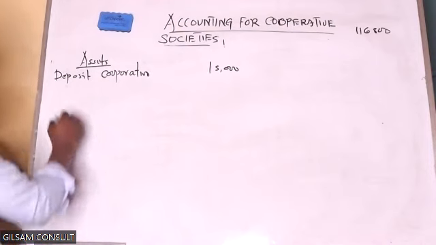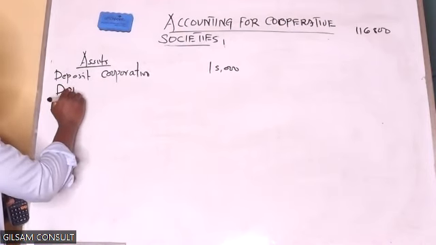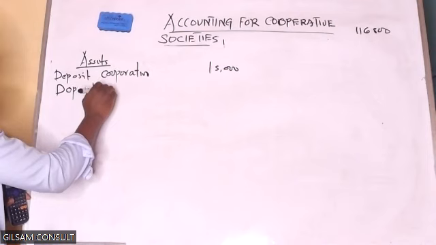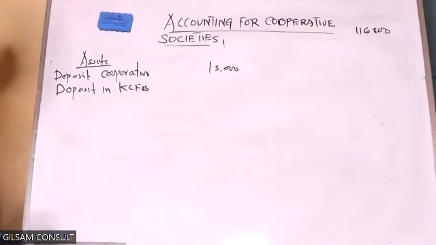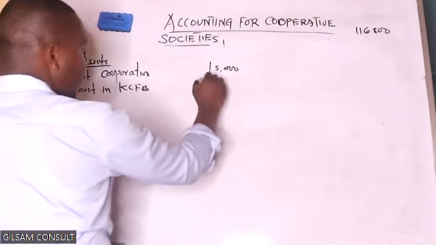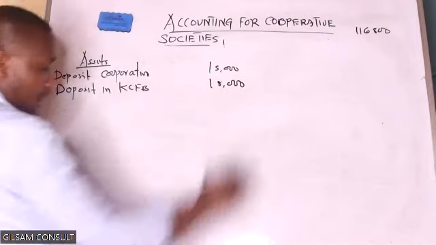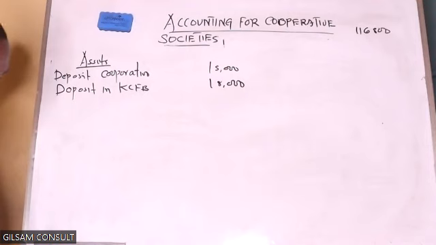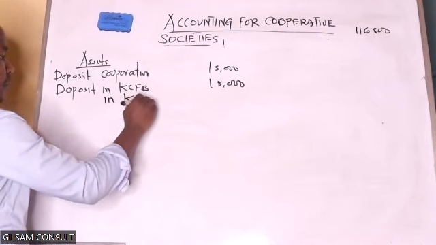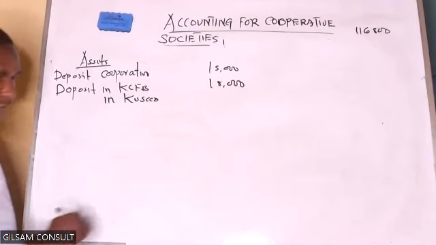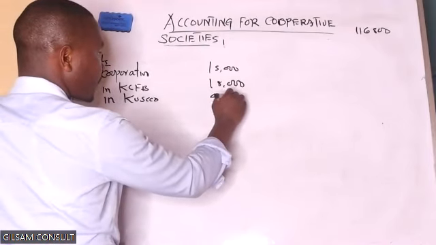Deposit in KFC, 18,000. What else do we have? Deposit in Cusco. How much? 40,000.